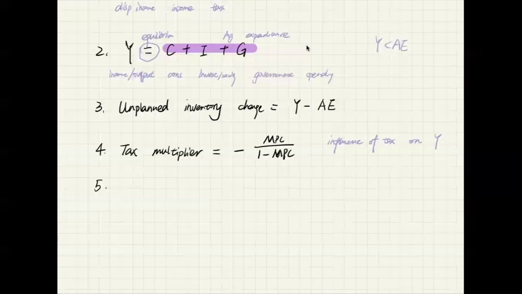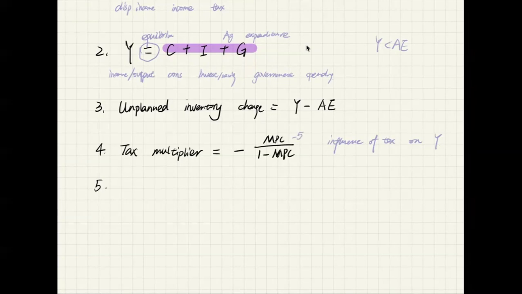Let me give you an example. As we can see, this tax multiplier has to be a negative value, right? Because MPC is between 0 and 1, so this one is positive, positive, negative. Suppose the tax multiplier is negative 5.